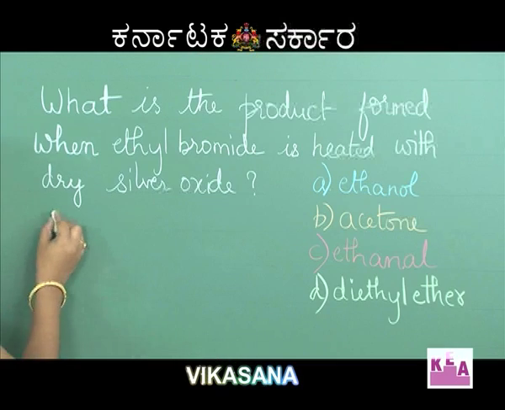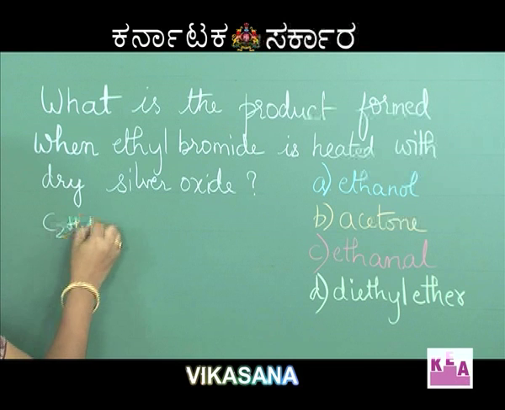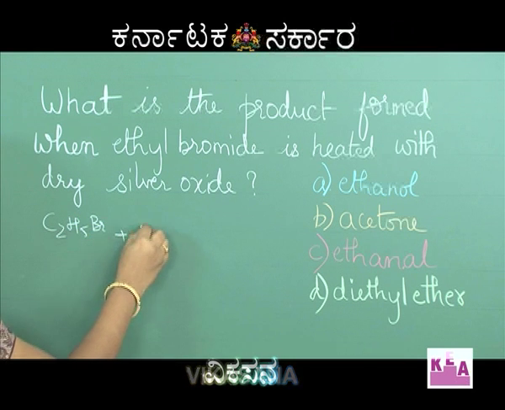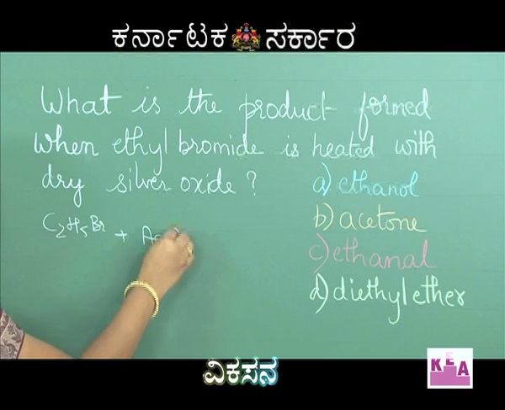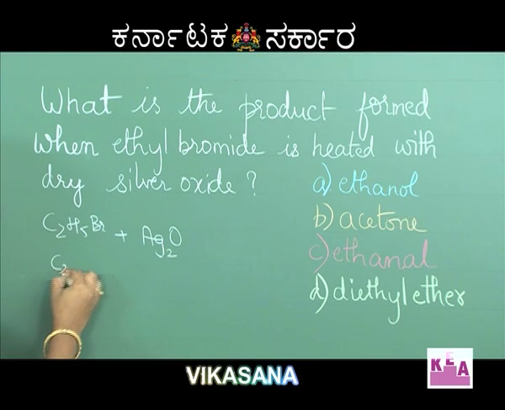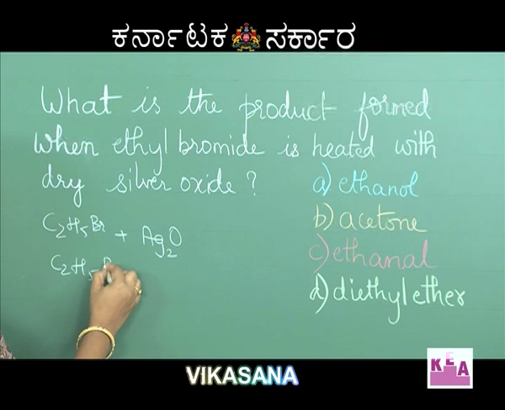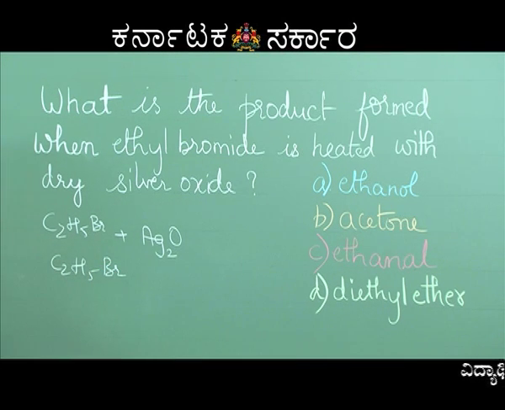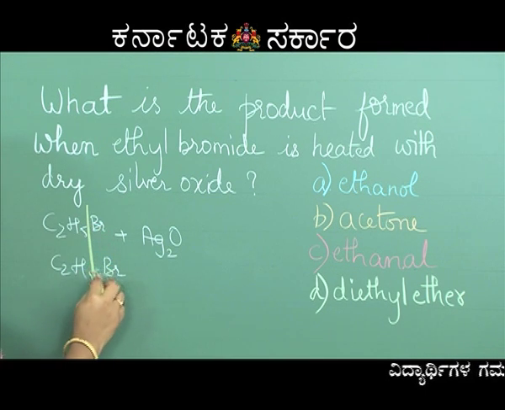What is ethyl bromide? C2H5Br. This will react with silver oxide, Ag2O. Now what is the reaction that is taking place? 2 molecules of ethyl bromide will react with silver oxide.